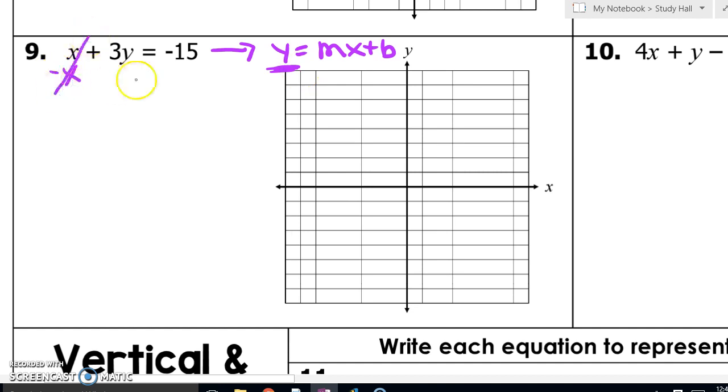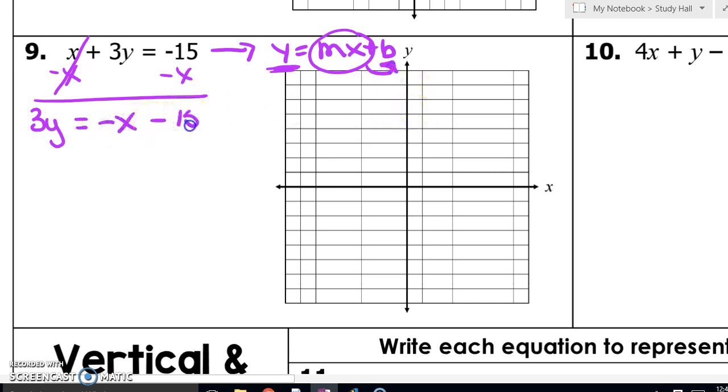So let's subtract x on both sides, and I get 3y equals, and because this x term comes first in comparison to the constant, I'm going to make my x term come first. Now to get y by itself, we'll divide by 3.